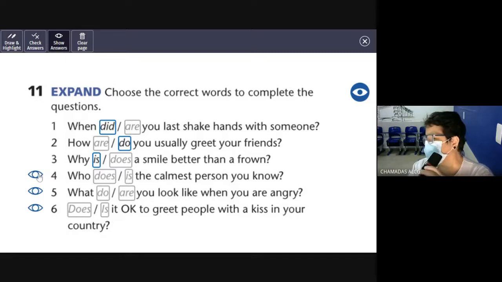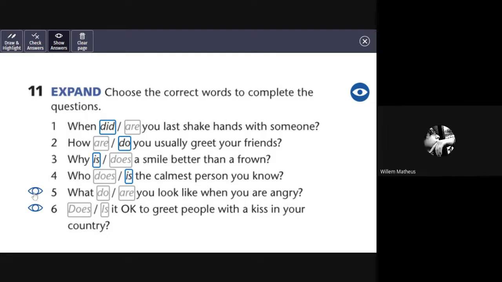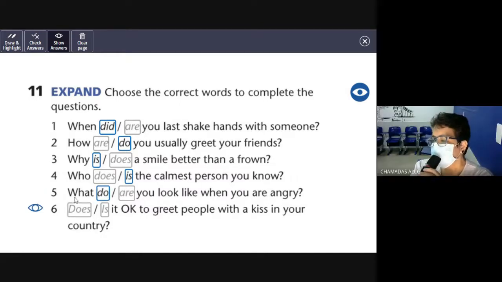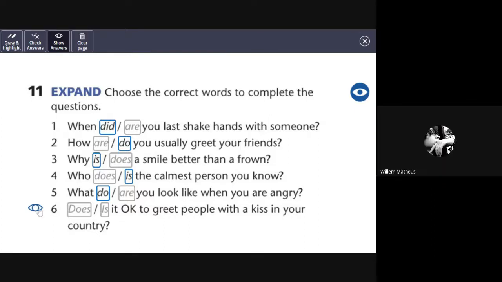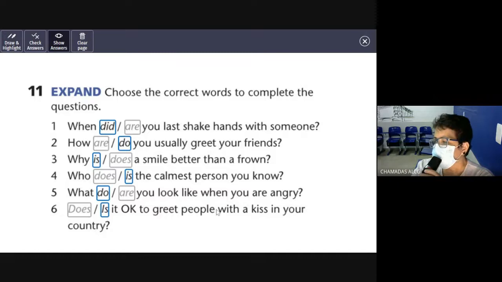What do you think? Is. Yes, that's right. Who is the calmest person you know? Okay. Number 5. Do. All right. What do you look like when you're angry? Number 6. Is. Yes. Is it okay to greet people with a kiss in your country?